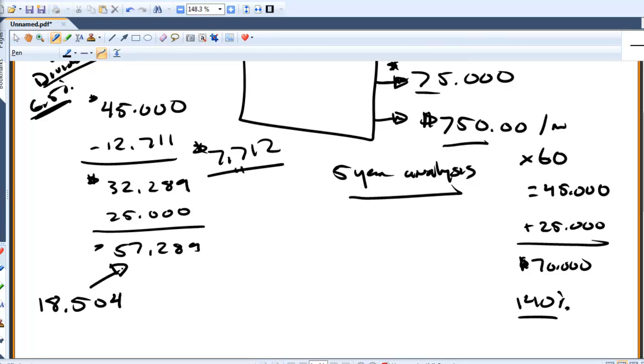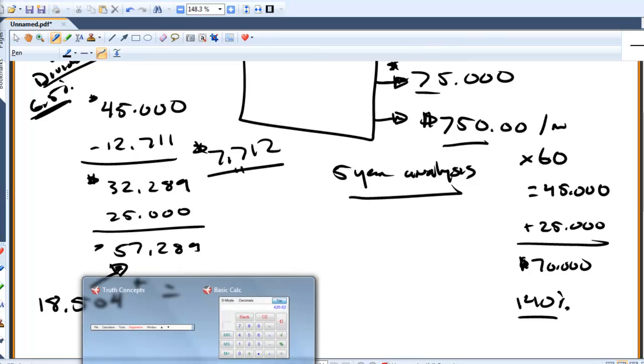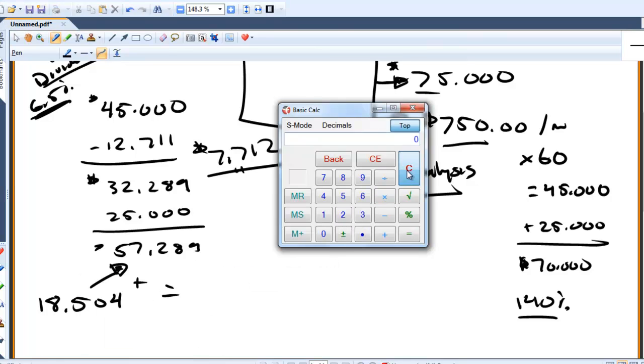So what's our total yield? Let's go to the trusty calculator: $57,289 plus $18,504 is $75,793. Let's divide that by $50,000, the initial investment. Now you're at 152%, 12% higher.